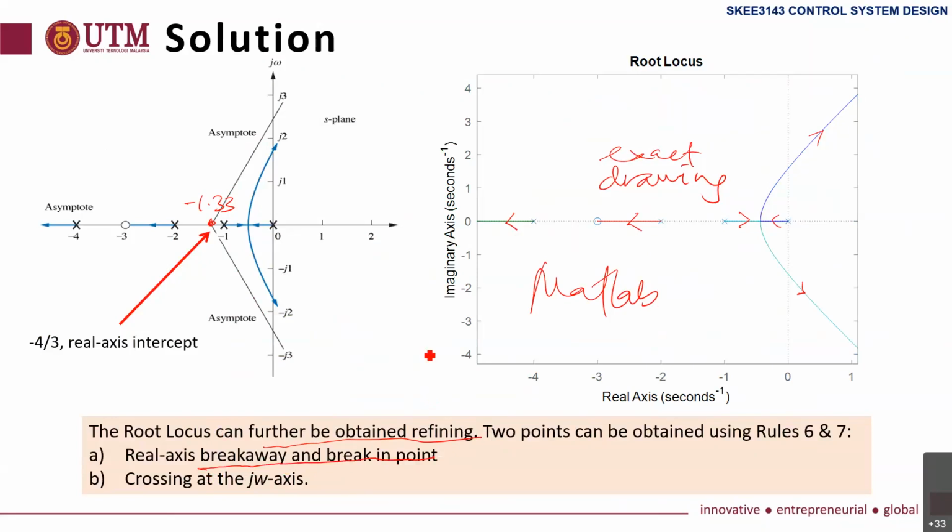Breakaway point means this here. When two poles are adjacent to each other, the root locus starts from the poles. We can imagine that they collide, then break away. That point of collision is called the breakaway point.